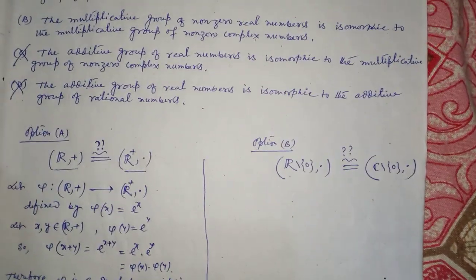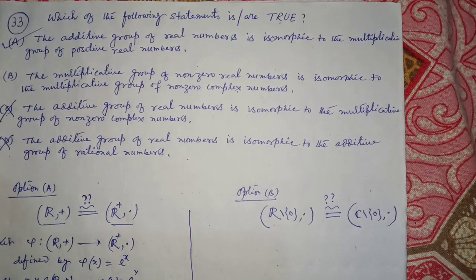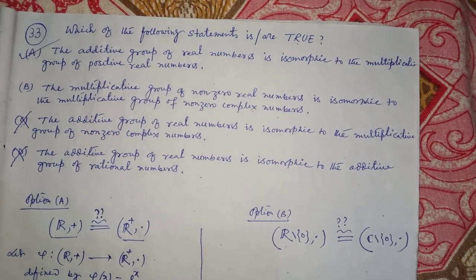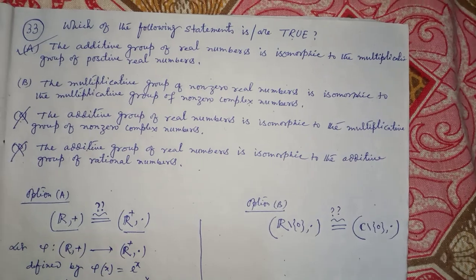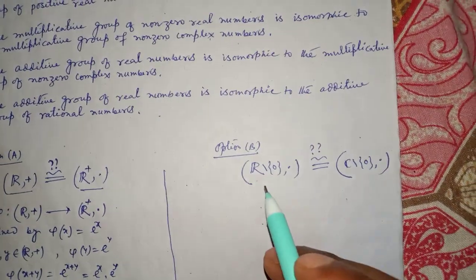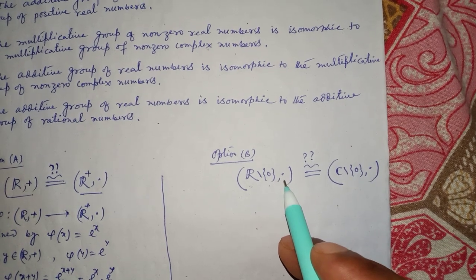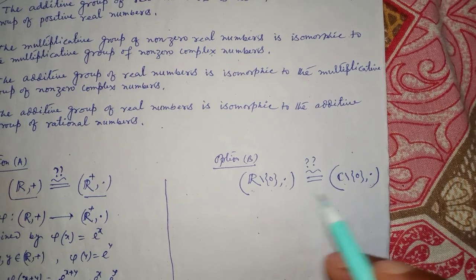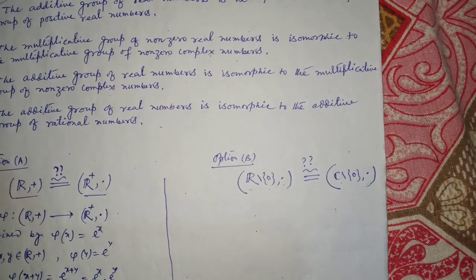For option B, the multiplicative group of non-zero real numbers is isomorphic to the multiplicative group of non-zero complex numbers. That means R minus 0 with respect to multiplication and C minus 0 with respect to multiplication, whether these groups are isomorphic or not.